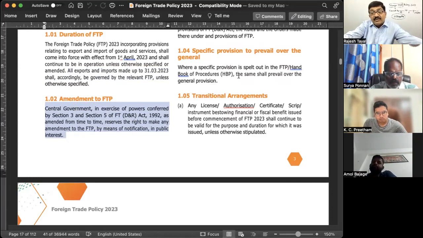Number 1, the power to amend is vested in the central government only. Number 2, amendments by way of notification. And number 3, every amendment should be in the public interest only. Number 1, the power to amend the policy is vested exclusively with the central government.